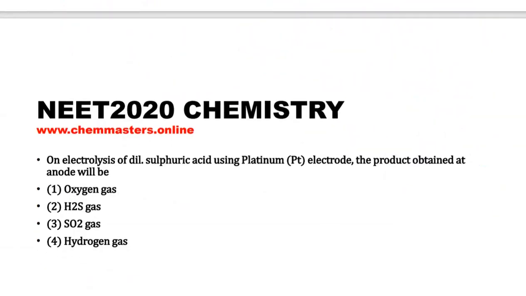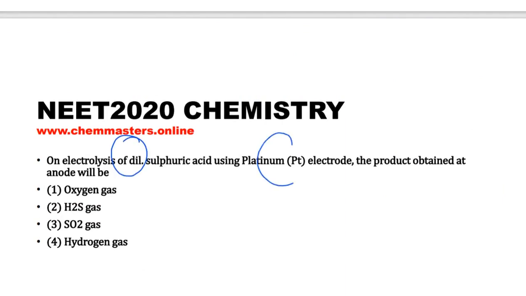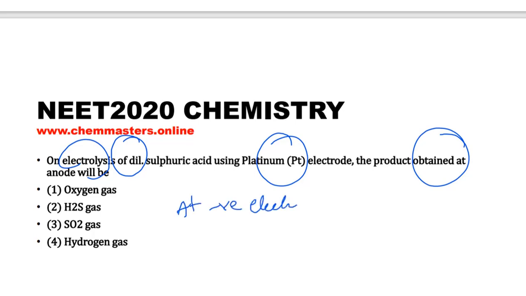Got it? Next question. On electrolysis of dilute sulfuric acid using platinum electrodes, the product obtained at the anode will be? So what is the correct answer? Now try to find the reaction here. At the negative electrode, 2 protons by taking up 2 electrons produce H2 gas.